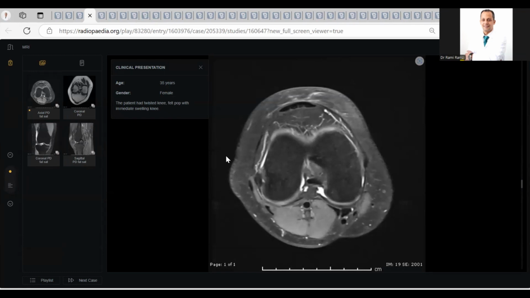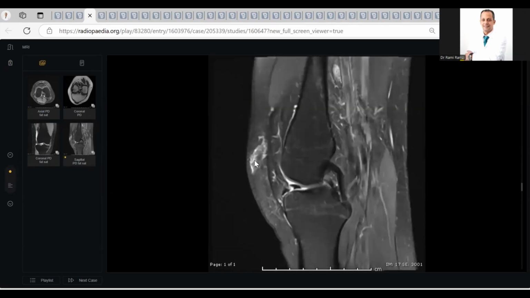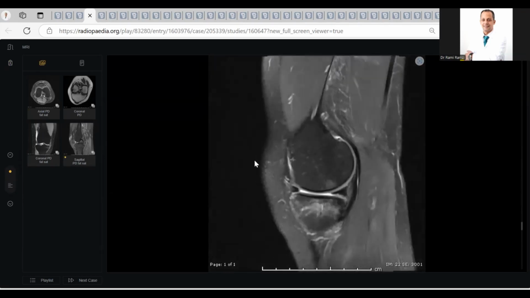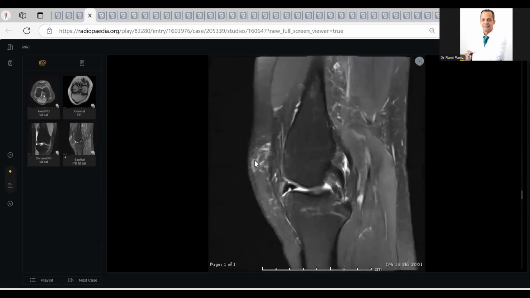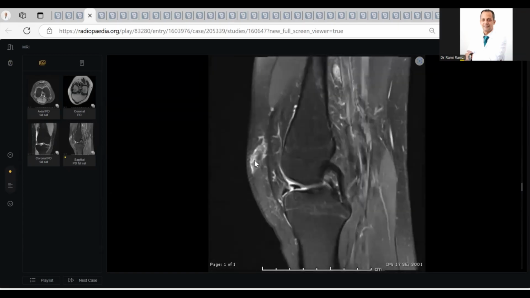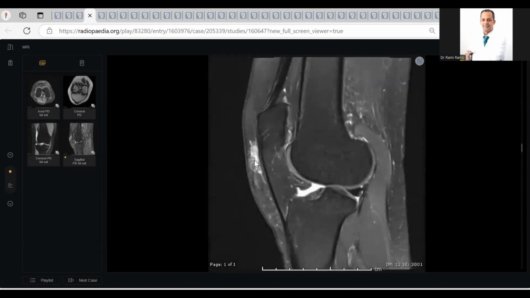35-year-old female patient after twisting her knee, her knee immediately swollen. Okay, I am provided with the MRI images, and I could appreciate double PCL sign. Excellent.